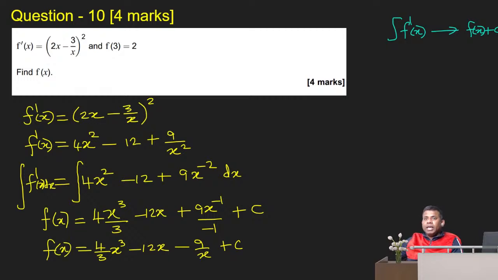Now if you see here, there is information given: f(3) equals 2. You wonder why they are giving that. The reason is to find the c.